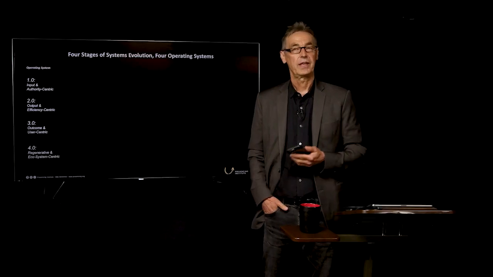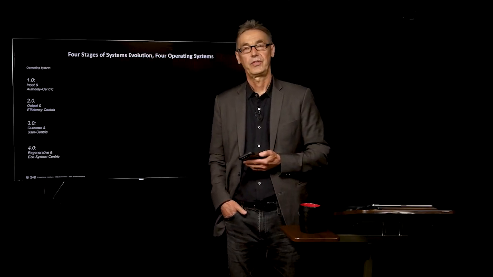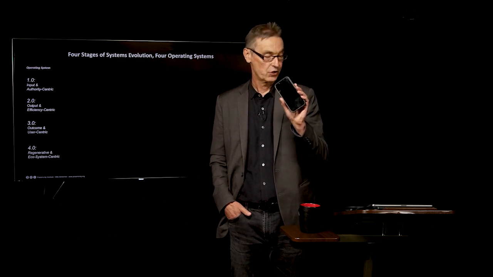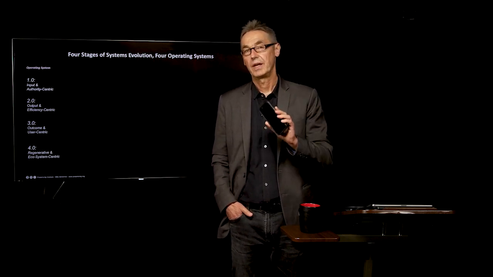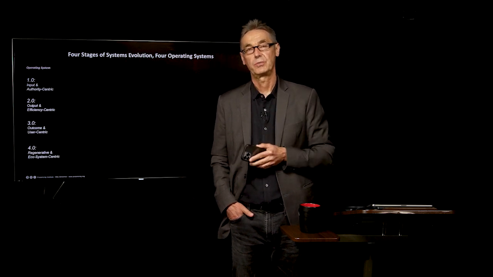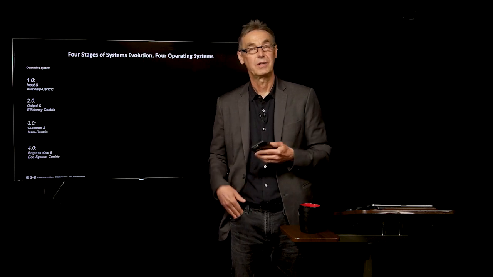One way of thinking about systems change is to use the analogy of this device. With this device, there are two types of changes we can perform. We can load a new app that gives us new capacities.